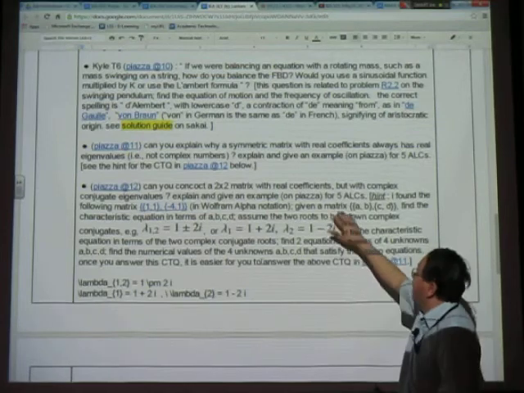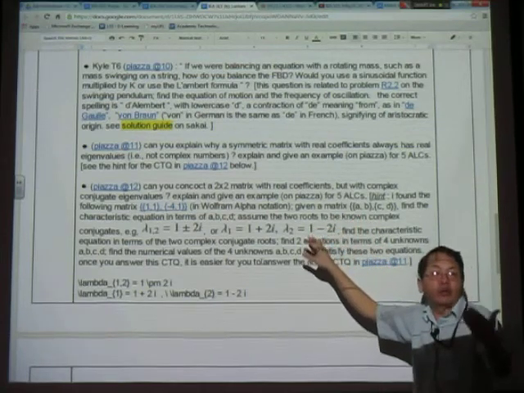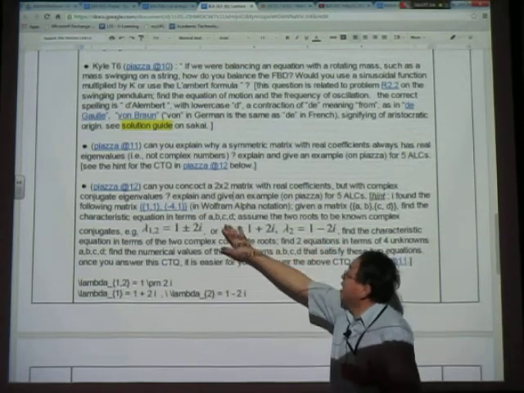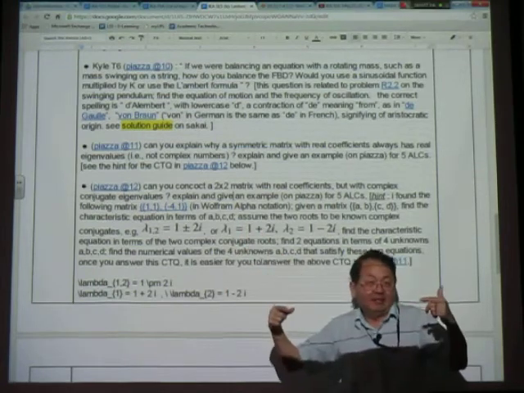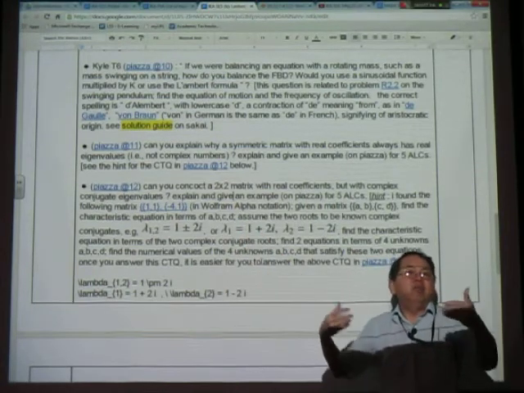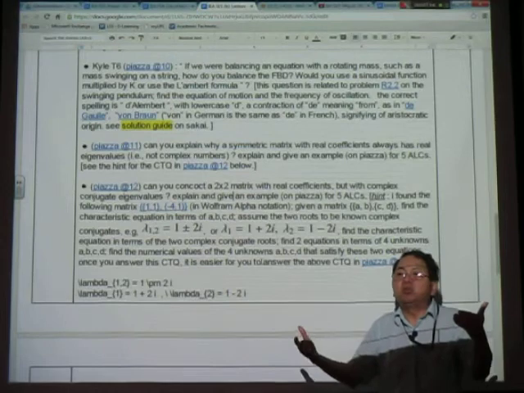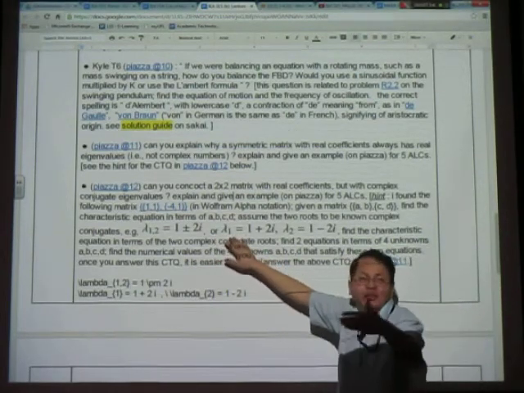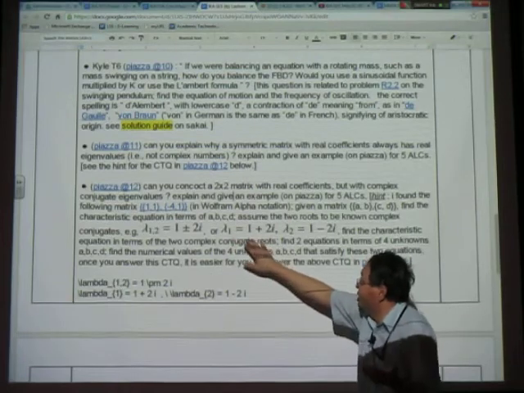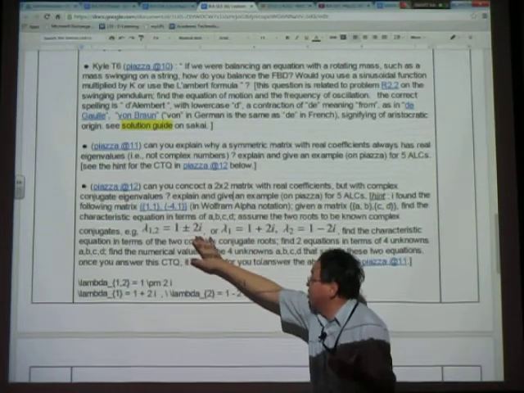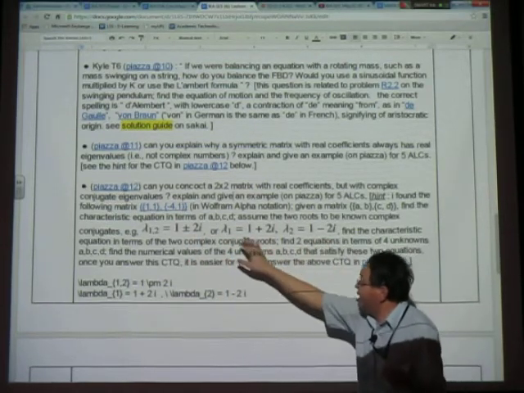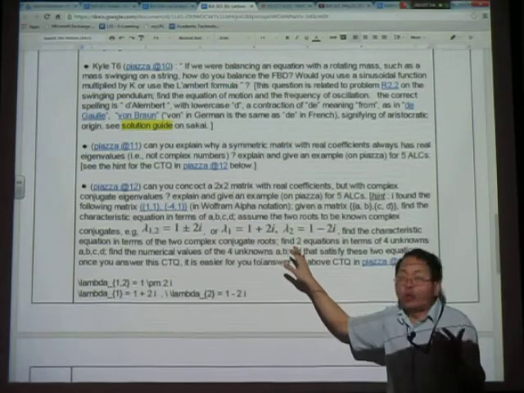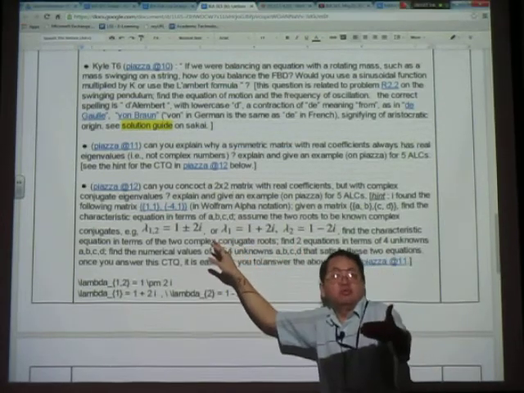How? Well, find the characteristic equation, which is a quadratic equation in terms of A, B, C, D. Next, give yourself a pair of complex conjugate roots. Here I just chose an example, 1 plus or minus 2i. Then find the characteristic equation that produces these two roots.